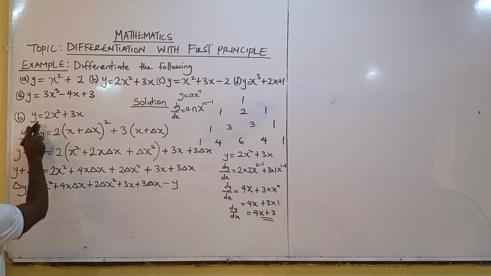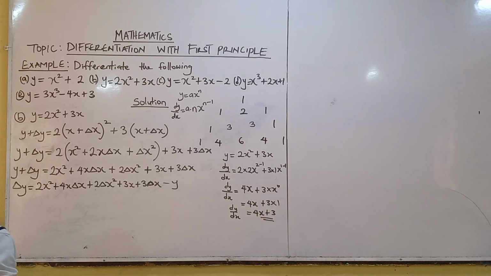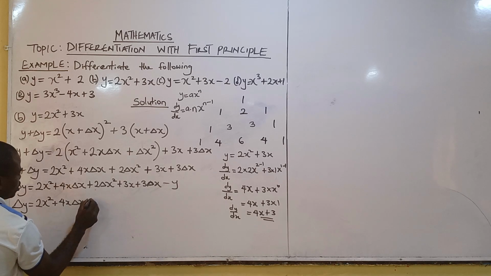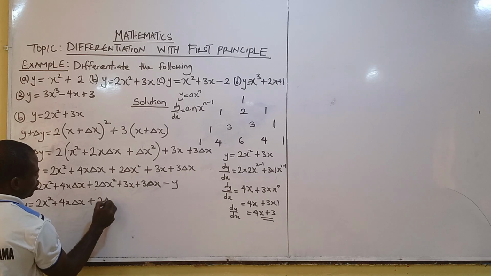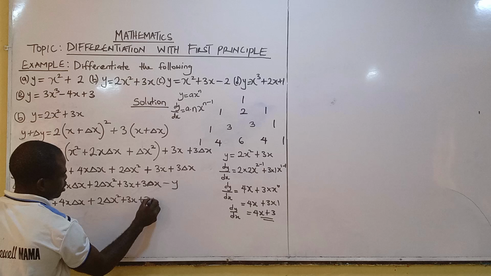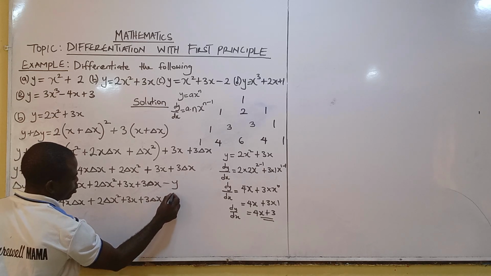Don't forget the expression for y is this. Now dy equals 2x squared plus 4x dx plus 2 dx squared plus 3x plus 3 dx minus, what's our y?